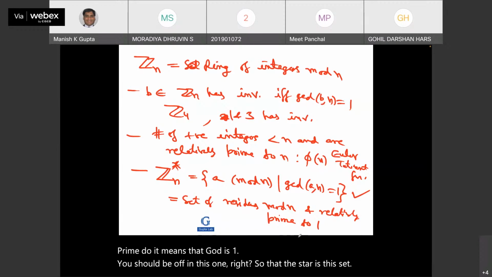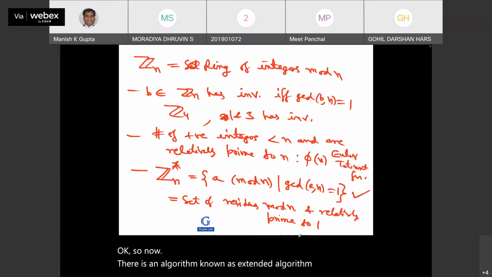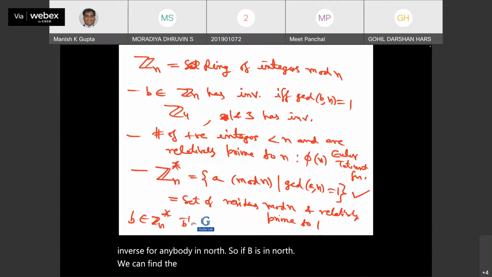Okay. So now there is an algorithm known as the extended Euclidean algorithm that gives us the inverse of any b in Zn. So if b is in Zn star, we can find the inverse using the extended Euclidean algorithm, because if any element belongs to Zn star, it will have an inverse, since the GCD of that element with n is 1.